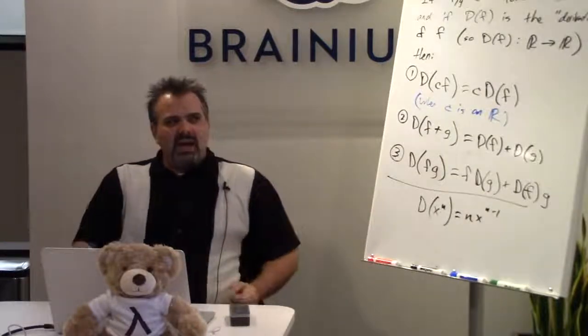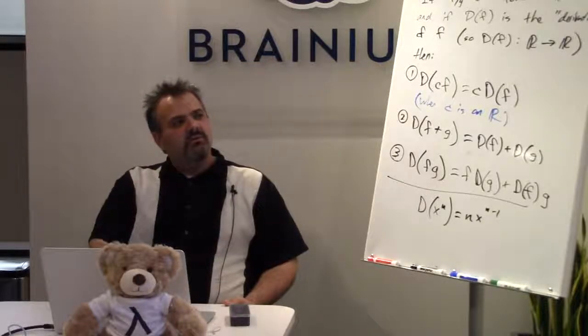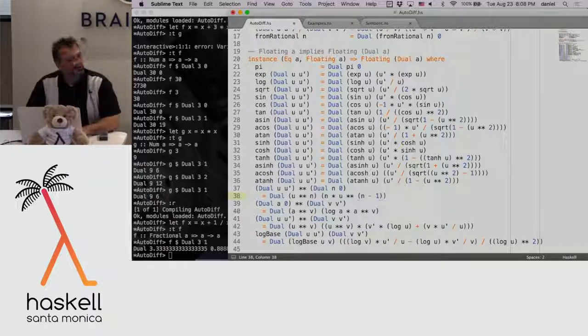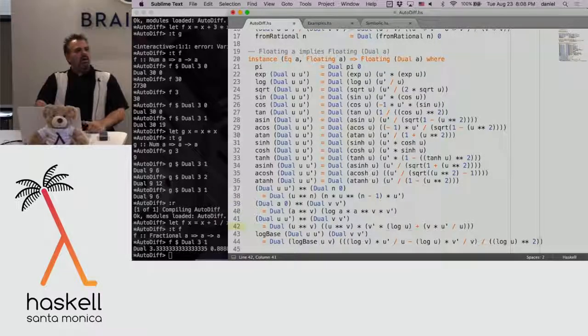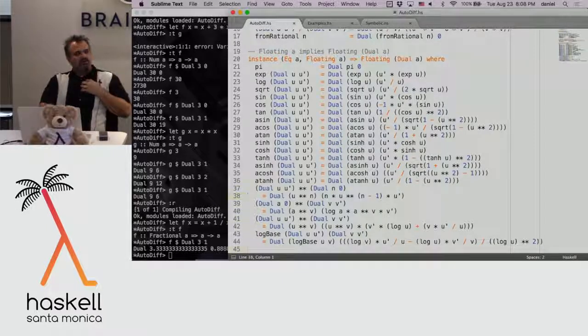It ends up being kind of difficult to implement here, just because here we have n times u raised to the n minus 1, and I'm forgetting something. I'm forgetting u prime there, and a v prime here. But anyway, I just thought that was a little bit interesting. The first derivative rule that you learn ends up being kind of a little bit hard to implement.